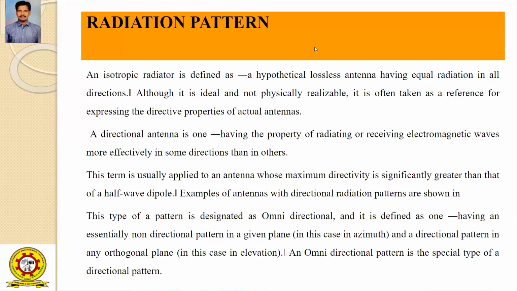In an omnidirectional antenna, the effective radiation is available only in a particular plane, either the azimuthal plane or maybe the elevation plane.